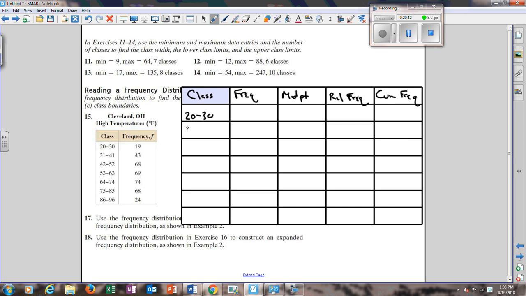Okay, your class is already given to you. And so are your frequencies: 19, 43, 68, 69, 74, 68, and 24. So now we have to find the midpoints, which I think we did in the last question.